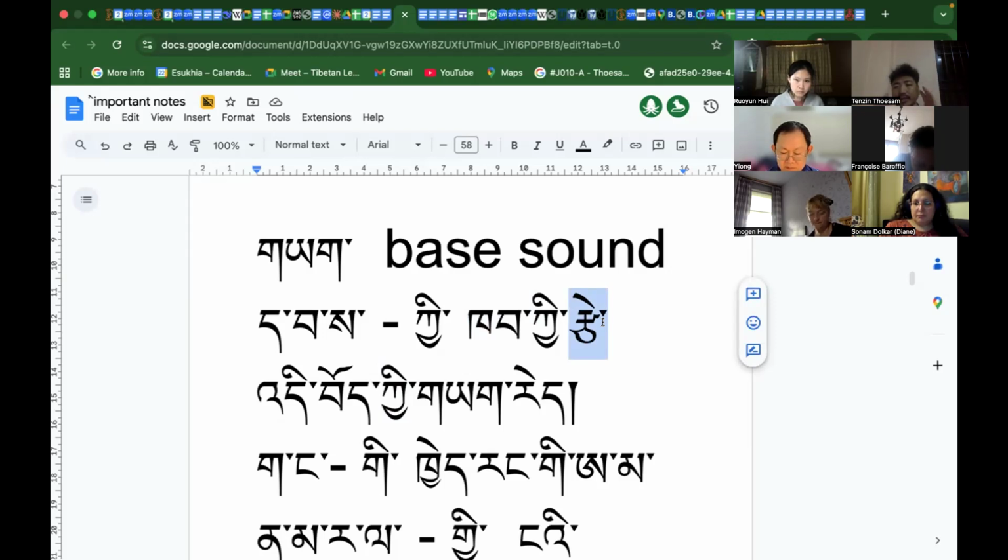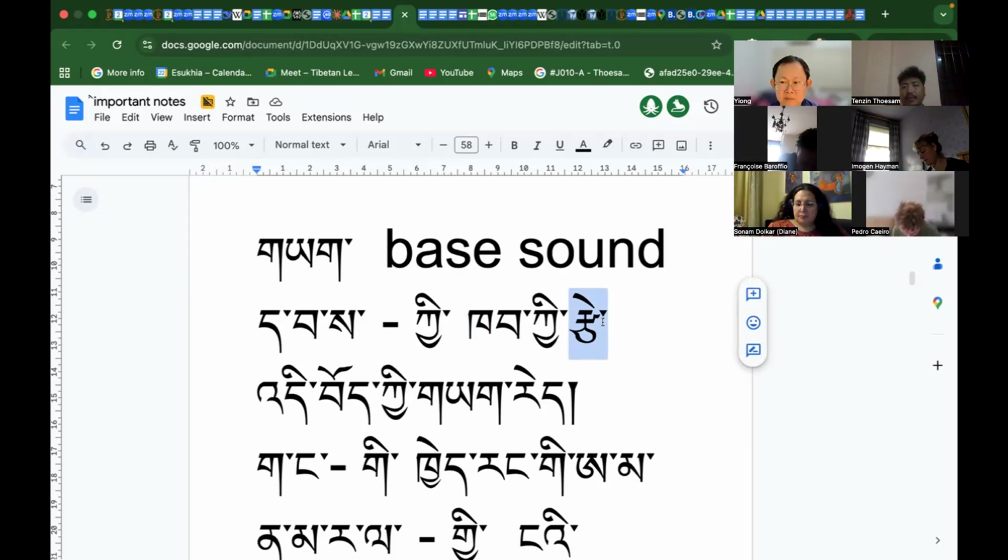Just hear it. Tse means tip of needle. So needle's tip. Kap ki tse, with the pa suffix. Something like this.